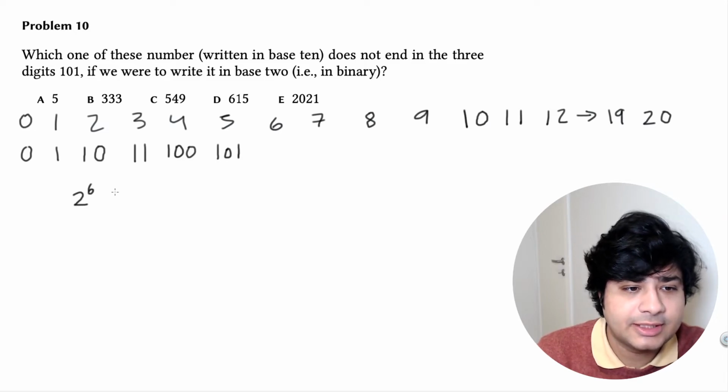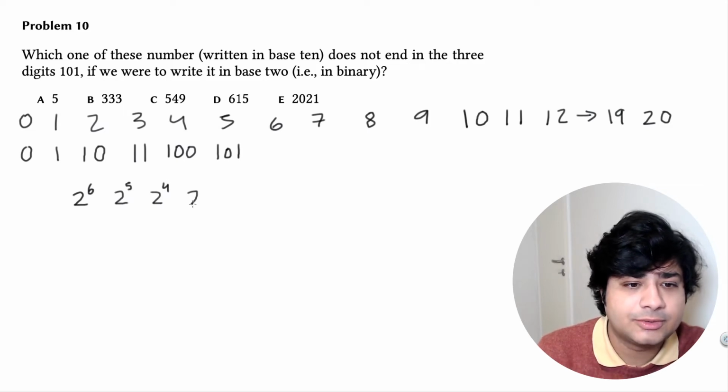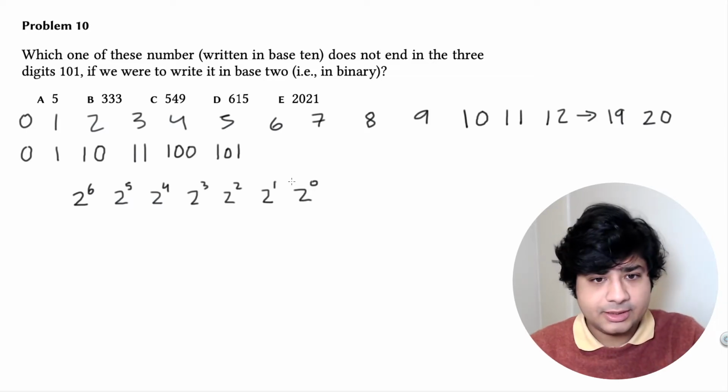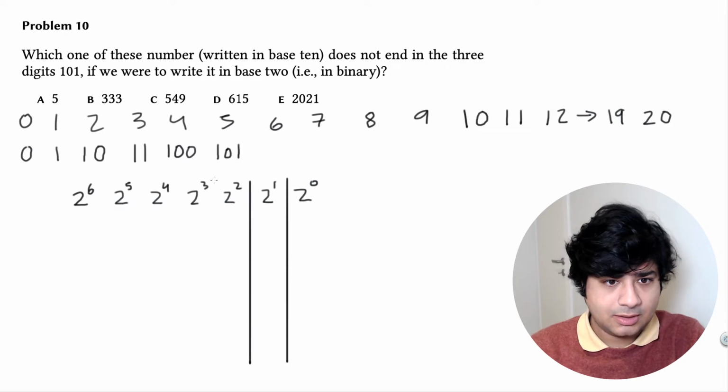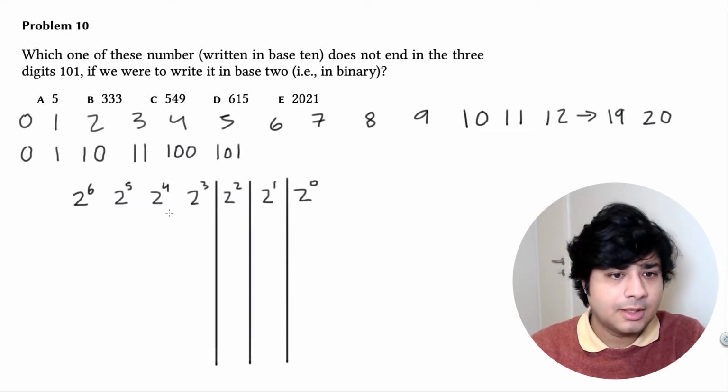Then 2 to the power of 5, 2 to the power of 4, 2 to the power of 3, 2 to the power of 2, 2 to the power of 1, and then 2 to the power of 0. And I want to make a little table out of this. I'll see if we can do a nice table. There we go.